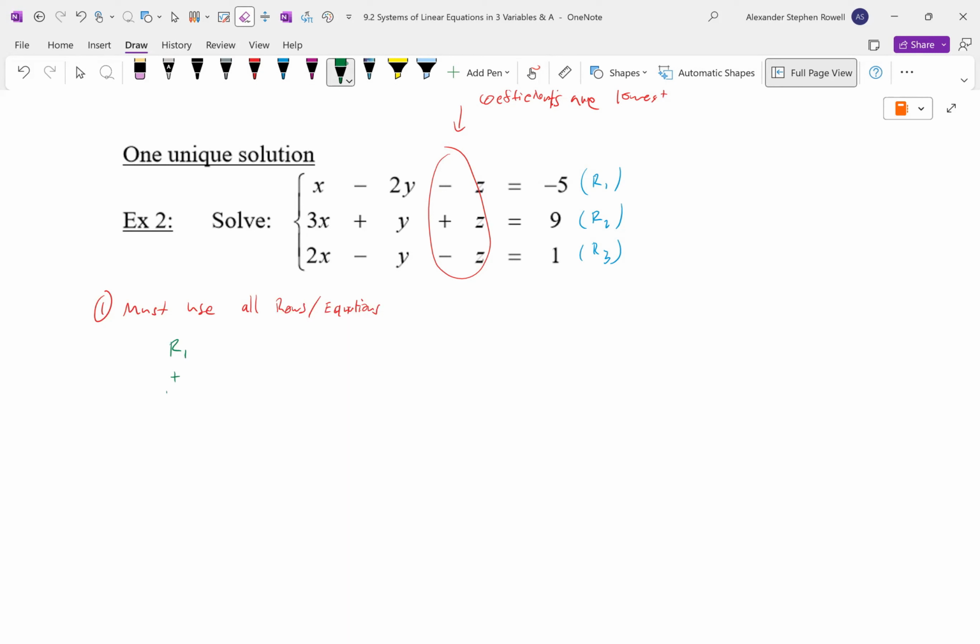So this would be x minus 2y minus z is equal to negative 5, plus 3x plus y plus z is equal to 9.